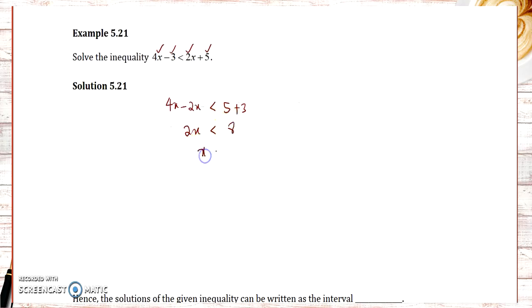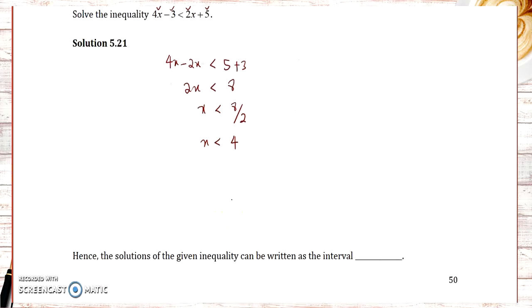Divide both sides by 2, so we have 8 over 2. Simplifying, we get x less than 4. Hence the solution of the given inequality can be written as the interval starting from negative infinity until 4.